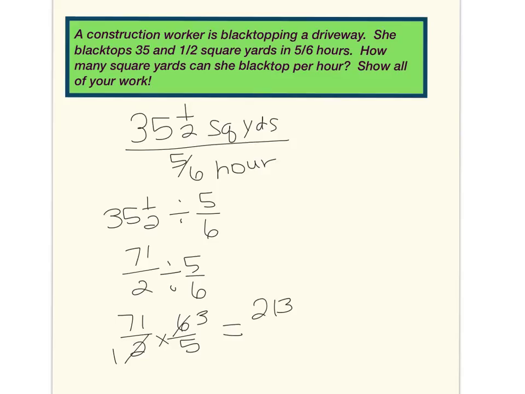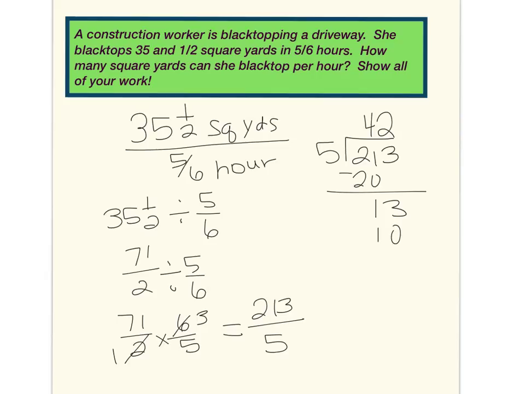This ends up being 213/5, which is an improper fraction. So let's go ahead and convert it to a mixed number by dividing. 5 goes into 213. Let's see, this would be a 4 and a 2 with 3 left. So it would be 42 3/5.